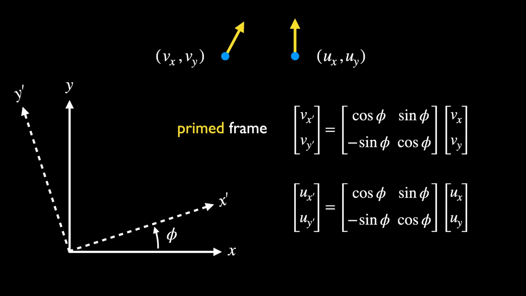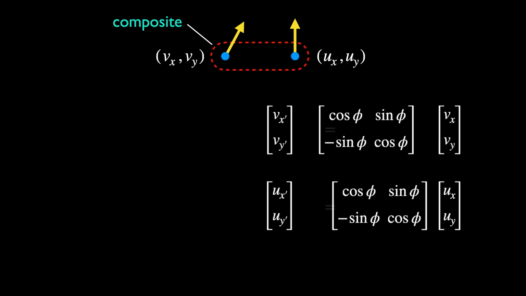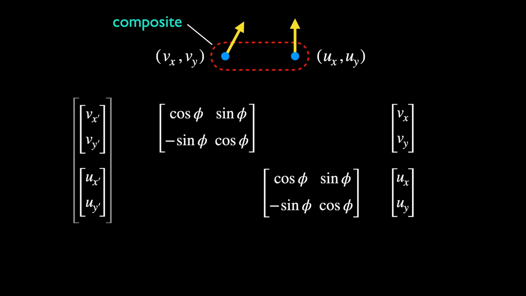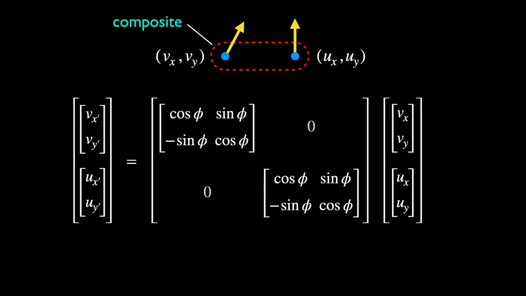We could try and group these two particles together as some kind of composite particle. The two-component v and u vectors could then form one big 4-component vector, which is an intrinsic property of our composite particle. This large vector will also rotate in a well-defined way and thus form a representation of rotations.